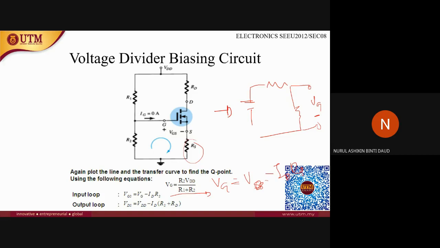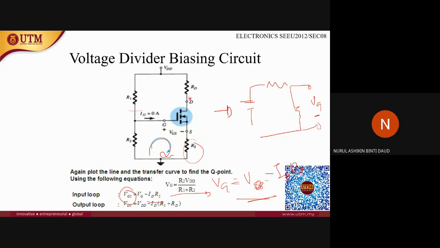If you rearrange this, this is the input loop: VGS is equal to VG minus ID RS. The output loop is at this part. VDS is equal to VDD minus ID times RD plus RS.